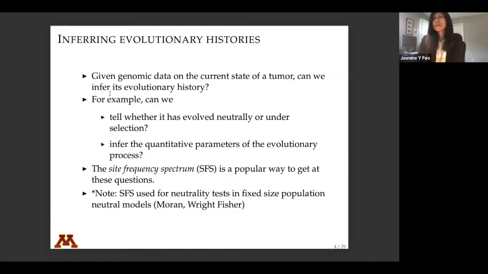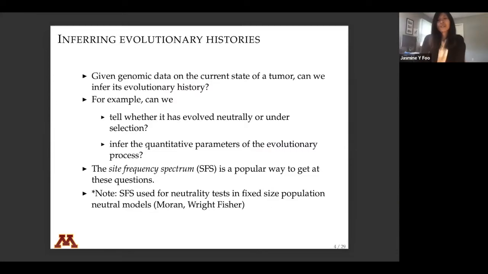So one of the specific questions of interest right now is determining whether or not tumors have evolved under neutral evolutionary processes, and also whether or not we can determine the quantitative parameters of the evolutionary processes governing tumor growth.